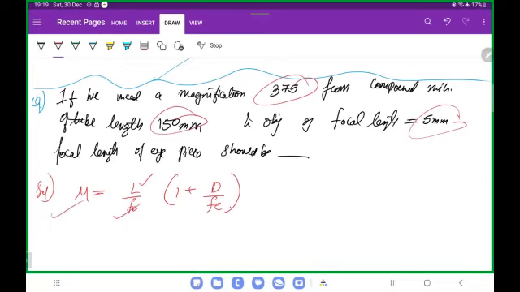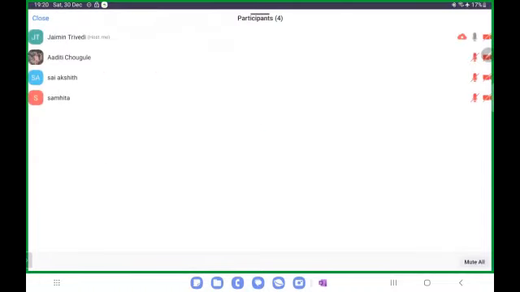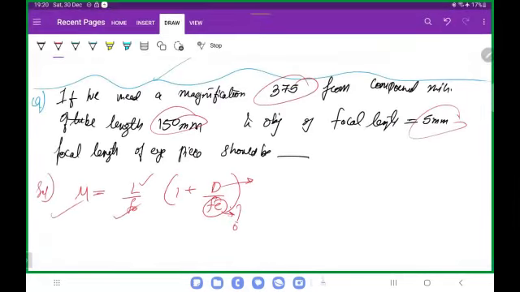We have to find this one, the question mark. Now this we know, it's a standard value. Do you remember? Anyone? Come on. Aditi, Akshay, Samhita. Okay, I'll give you a hint.